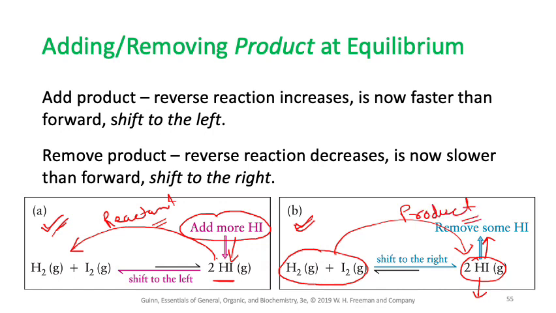So now the reaction will go more toward the product side, to counteract this removal of HI, or to make more product. So this is how you can determine whether the reaction is going toward the product or reactant side, depending on whether you are adding or removing the reactant or adding or removing the product, right?